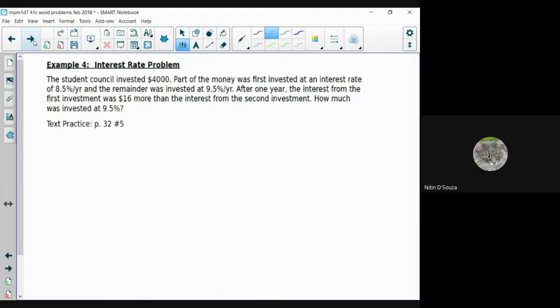So the next one is student council. Here's what's happening here. I've got $4,000. Part of it is invested at 8.5%, and the other part is invested at 9.5%.